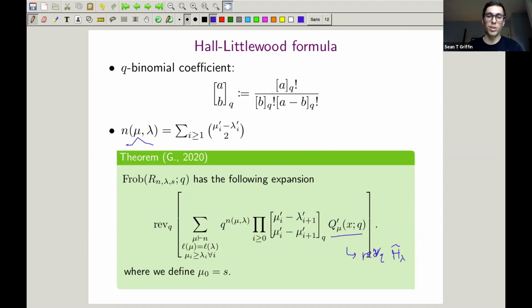So you take your q prime and you multiply by a product of q-binomial coefficients, and then you shift that by some q factor. And then you take that entire sum and you q reverse it. So if you've seen the formula for R_{n,k}, this looks very similar, except this product of binomial coefficients is one that doesn't collapse to a single multinomial coefficient.